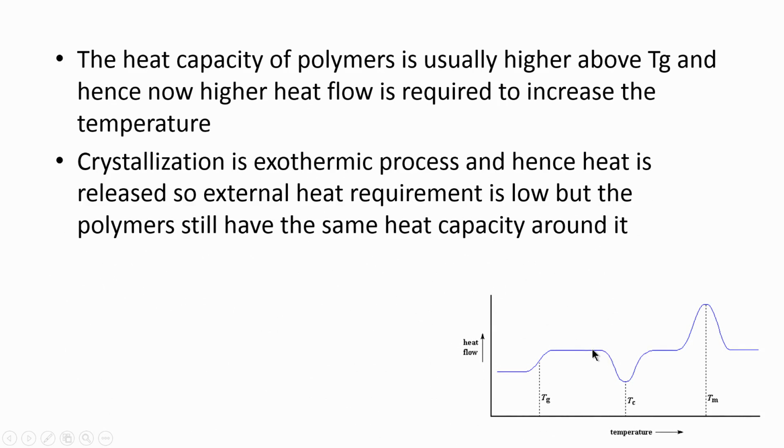So, now these chains are coming in contact with each other and forming bonds, could be van der Waals, could be hydrogen bonds, and this releases heat, and because it releases heat it does not need any external heat flow that we are giving. So, the external heat flow requirement comes down, but once the chains are formed it goes back up. So, we are still talking about the same polymer with the same heat capacity, so it is still at the same level.